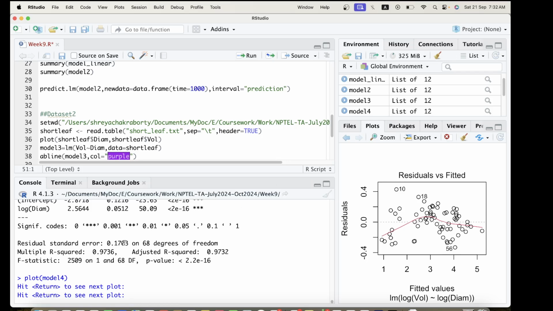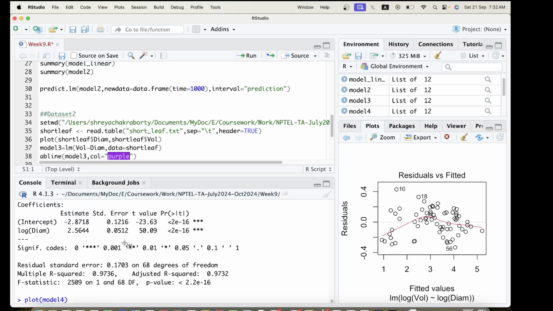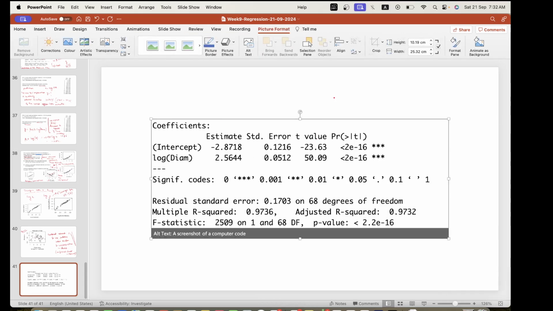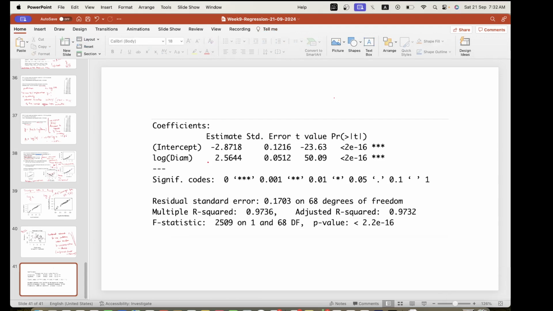So here, if this is my model, the nature of association is positive linear association, because beta is positive, this one.